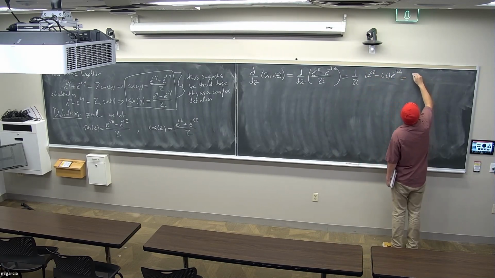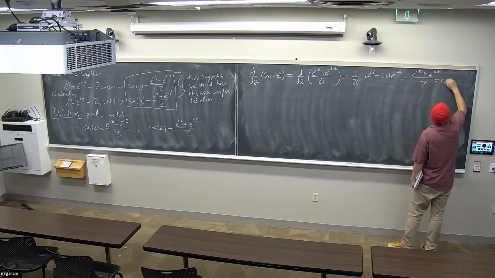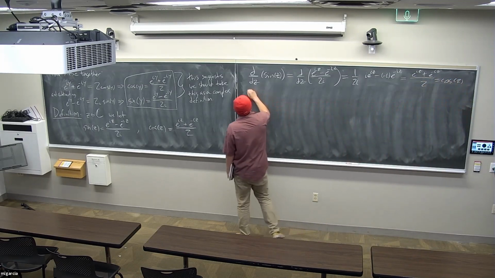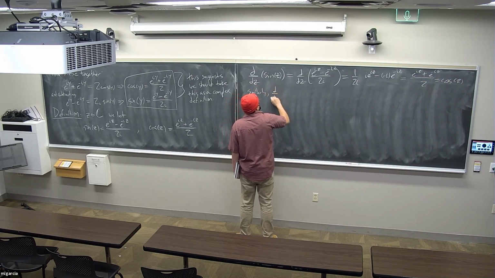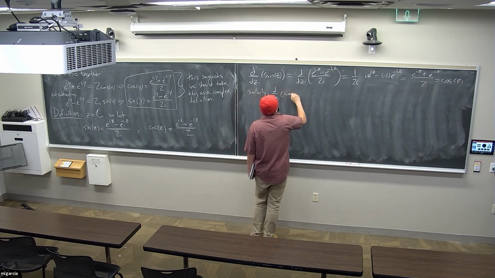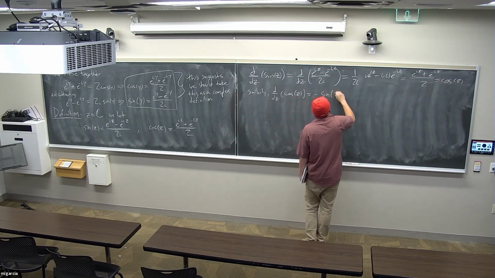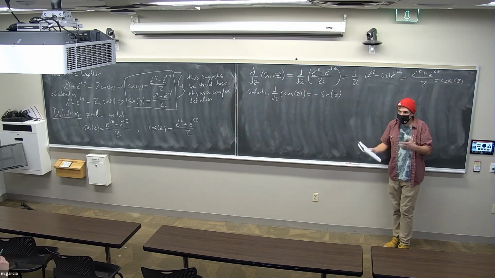So we get e to the iz plus e to the negative iz, all divided by 2, or cosine z. And entirely similarly for cosine, exactly what we would expect based on the real case, right? Okay.